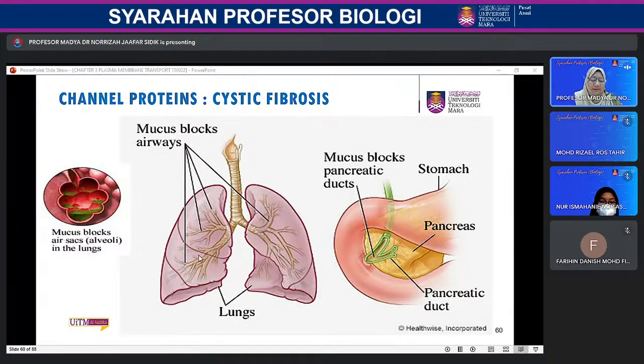Bacteria will trigger the airway cell lining of the respiratory tract to produce more mucus, excess abnormal thick sticky mucus, which will clog the airways, damage the lungs, and the respiratory system will fail.